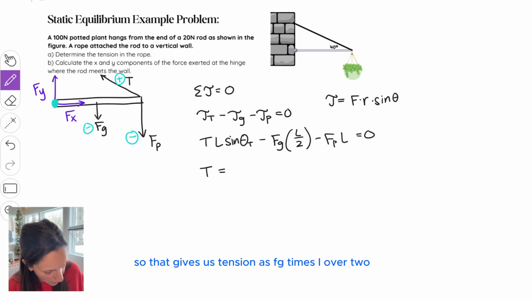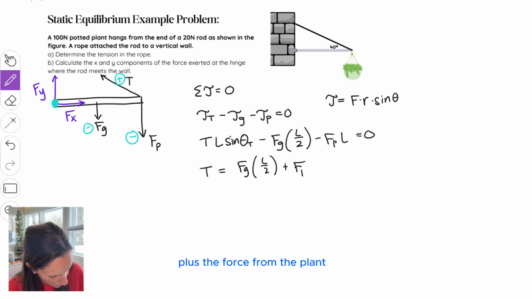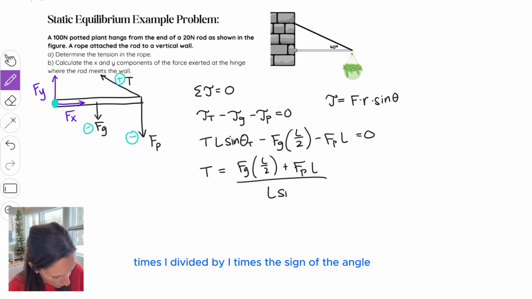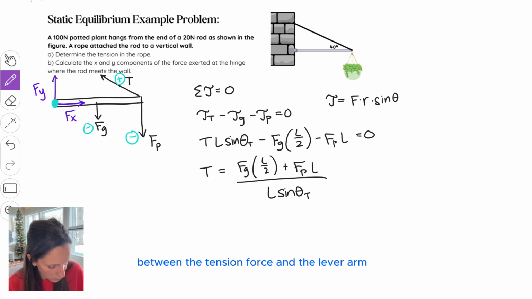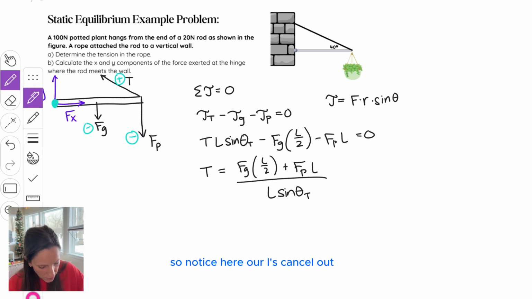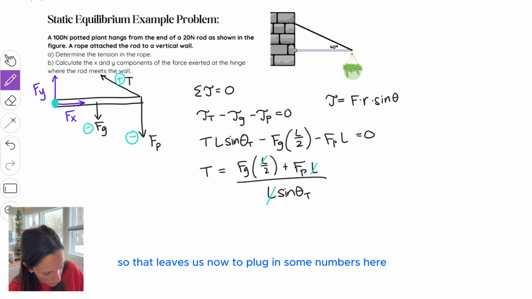That gives us tension as Fg times L/2 plus the force from the plant times L, divided by L times the sine of the angle between the tension force and the lever arm. Notice here, our L's cancel out. That leaves us now to plug in some numbers.